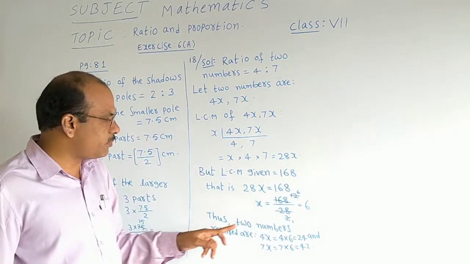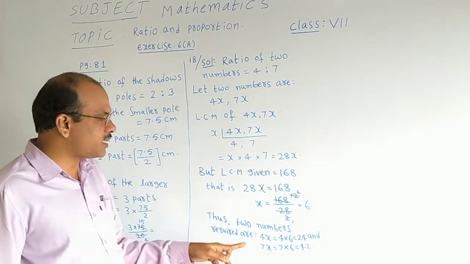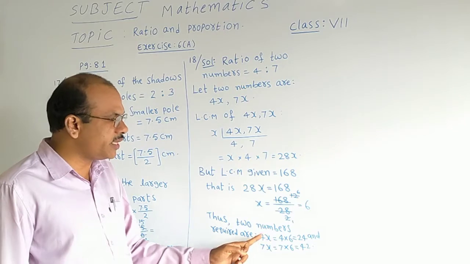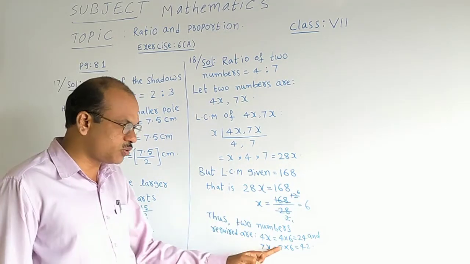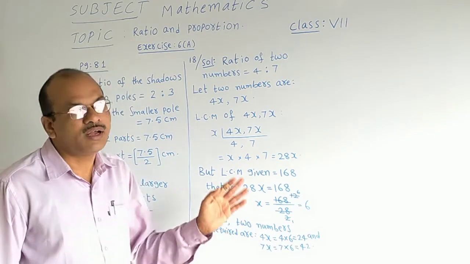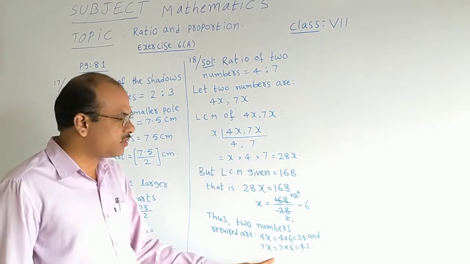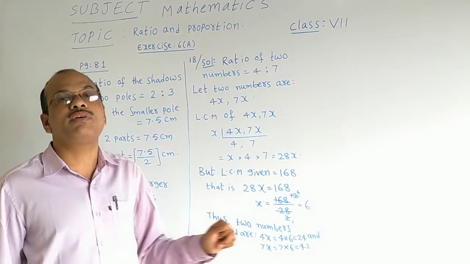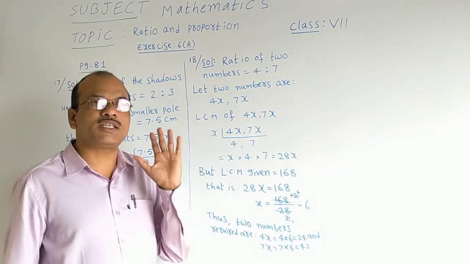Thus the two numbers required in the question: the first one we said as 4x, that is 4 into the x value 6. Now we got it, so I substituted. 4 6s are 24. And the other number we said as 7x, that is 7 into the x value 6. 7 6s are 42.